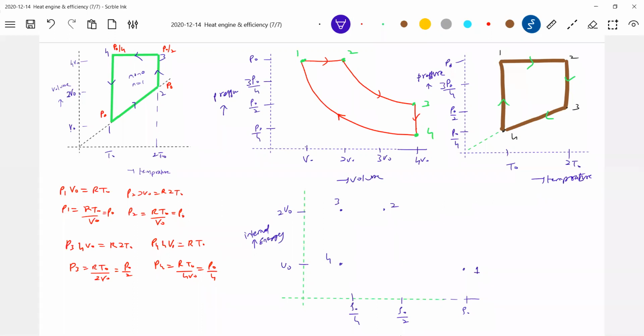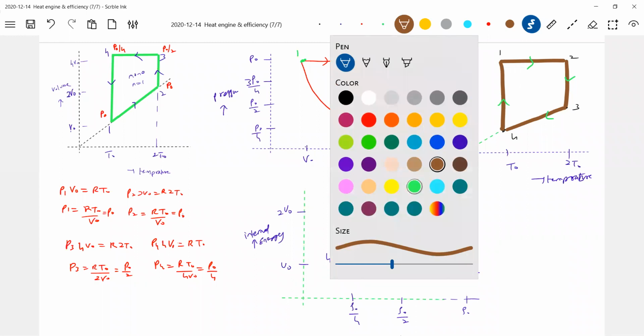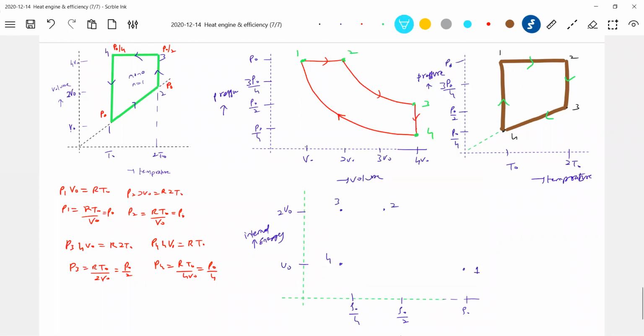Okay, now let's come. So what is 1, 2? Isothermal process. So how do we represent an isothermal process in any graph? Sorry, 1, 2 is an isobaric process, rectangular hyperbola. Next, 2, 3, isothermal. 3, 4, isochoric. Then 4, 1, isothermal.